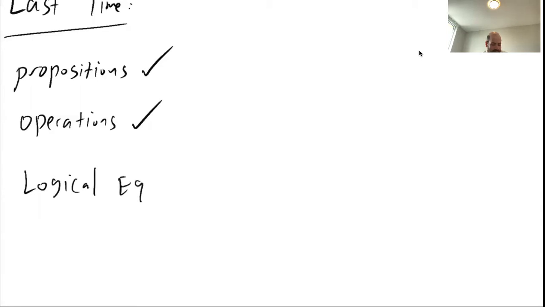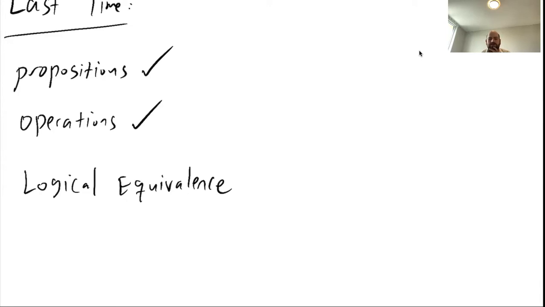Logical equivalence of, let's say, two compound propositions. So if you remember, we said to find out whether two compound propositions are logically equivalent or not, the easiest way to do that is to use the truth table.